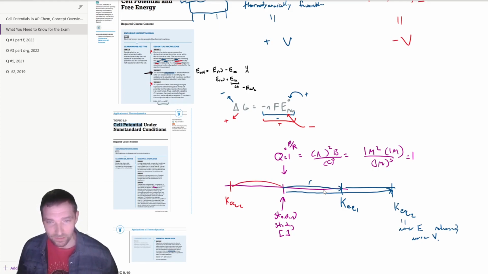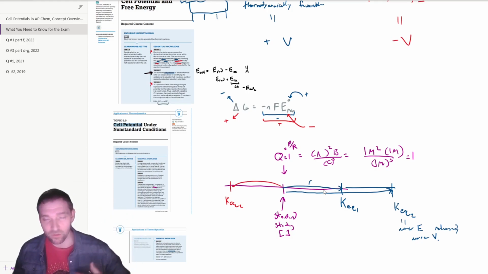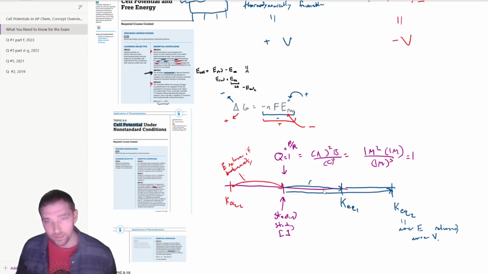It's like, okay, this would release energy if it was able to go backwards, but it requires energy to now go forward. And this is the E required to make it go forward.